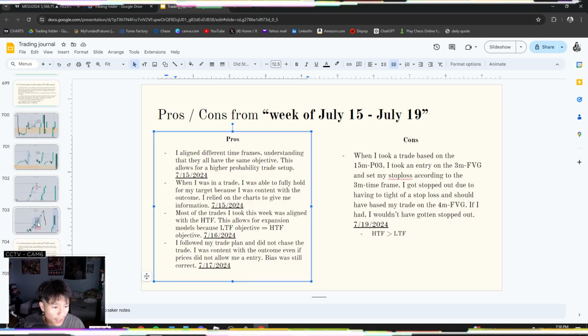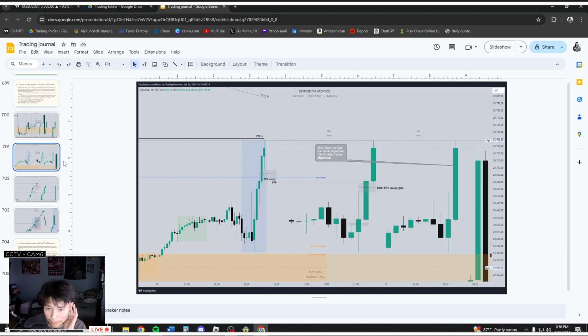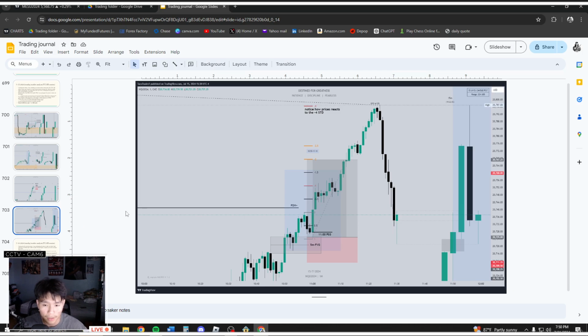What I mean by that is, looking at this 5 minute candle here, you can actually see this. Essentially, I applied the power of 3 concept to every single 5 minute candle. I look at the 5 minute candle and ask, am I anticipating for us to take out that 5 minute candle's high or low?